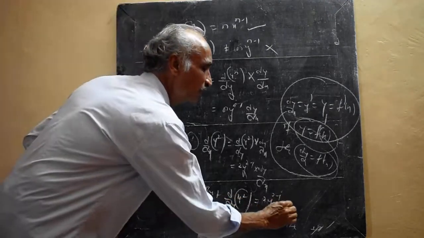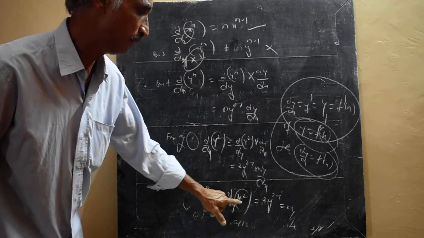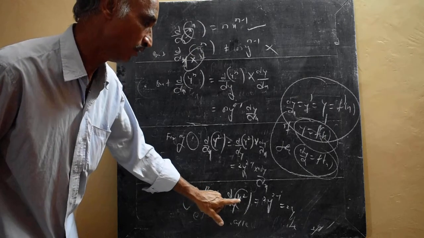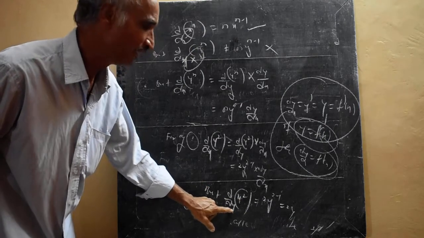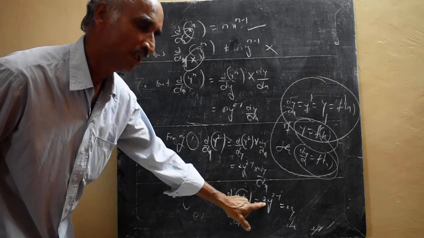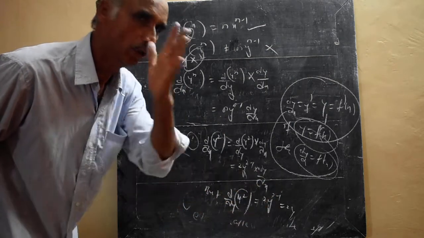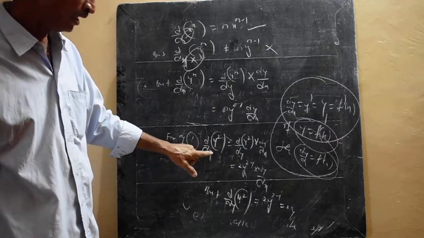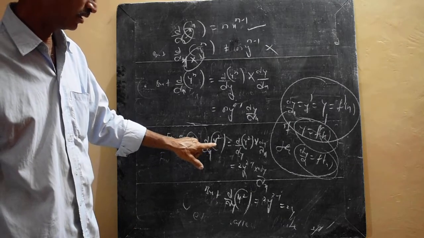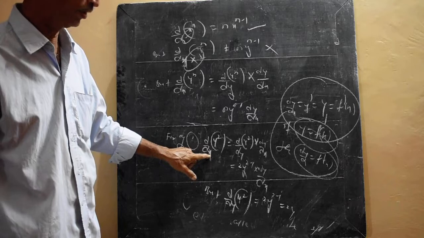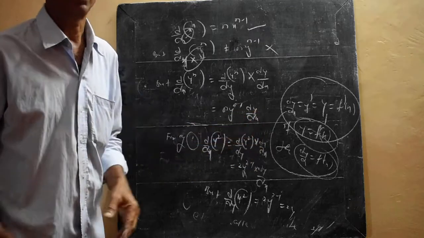That's all, it is 2y. No problem in differentiating this, because y with respect to y is there. Variables are matching, so simply n into y raised to n minus 1, and dy by dx won't appear. When you differentiate y with respect to x, the additional term dy by dx should be taken.